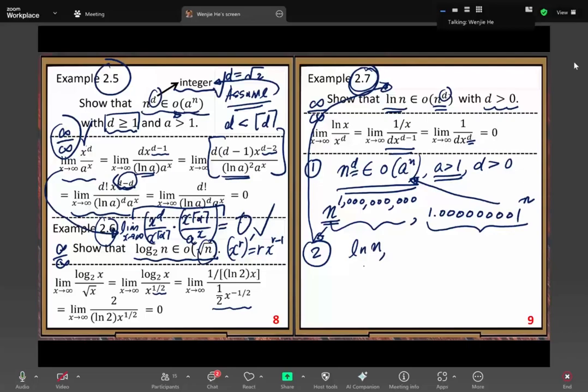The second function is a power function, n to the d. The only restriction on d is that d is a positive number. That's all we need. So now I have freedom to choose that d.